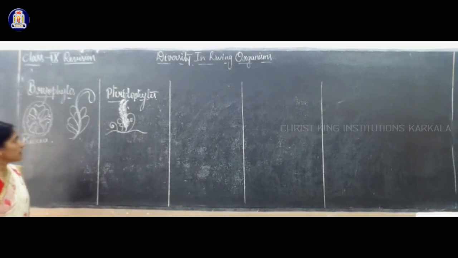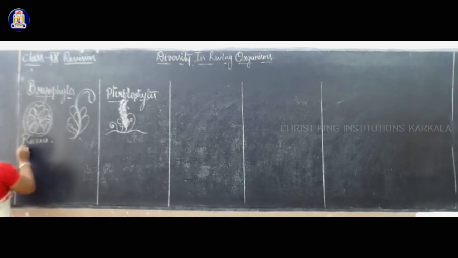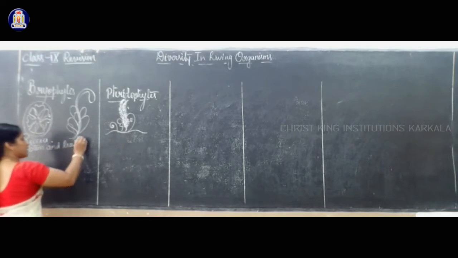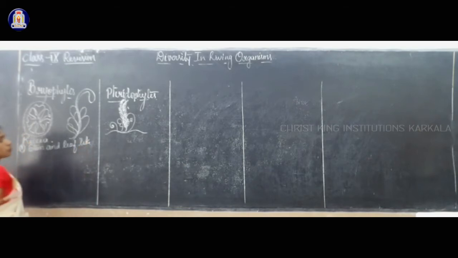Fern plants. So what is the difference? The first difference: in bryophytes there is no true stem, root and leaf, only a stem-like and leaf-like structure is present.